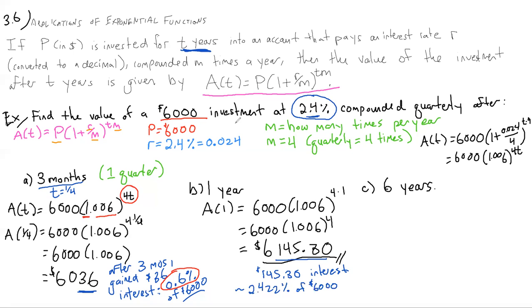And then finally, the last one, 6 years, we just plug in 6. There's not going to be anything here that's any different. And what you'll see is 1.006, and we'll do 4 times 6. So that tells us we do this accumulation 24 times, 4 times a year for 6 years.